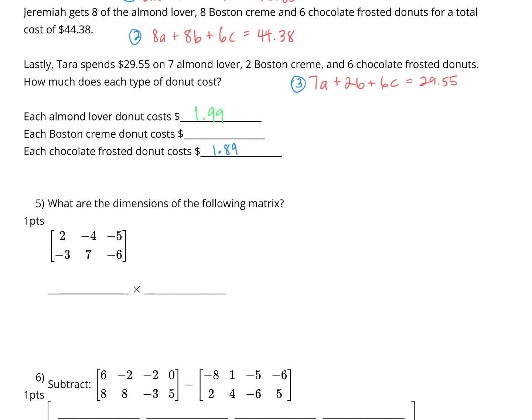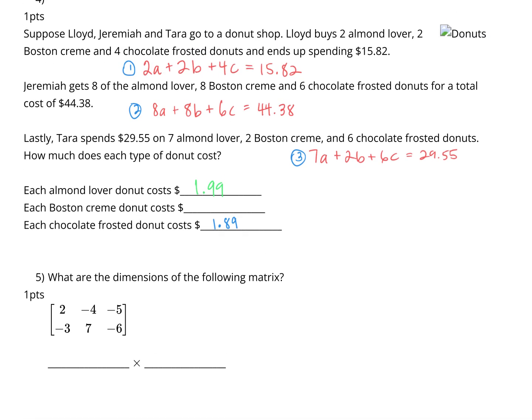So I would look and see which equation has the smallest numbers. That would be equation 1, so that's the one I would use. So equation 1 is 2 times A, which is 199, plus 2 times B, I don't know that, plus 4 times C, which is 189, is equal to 1582.